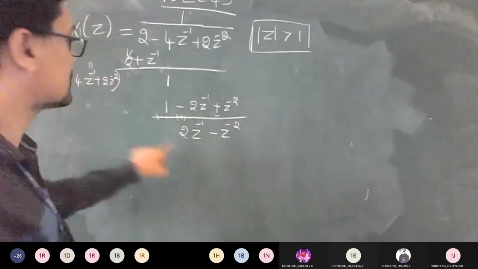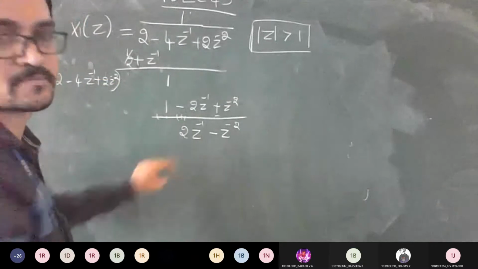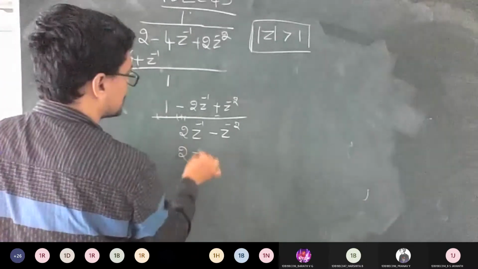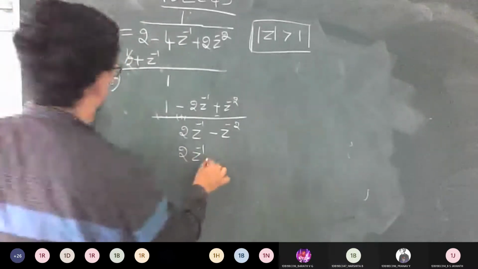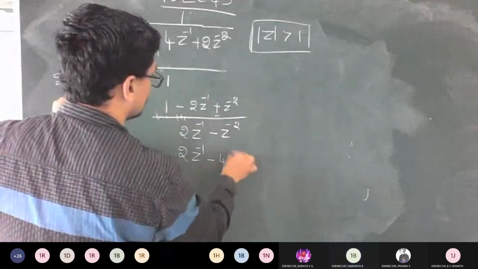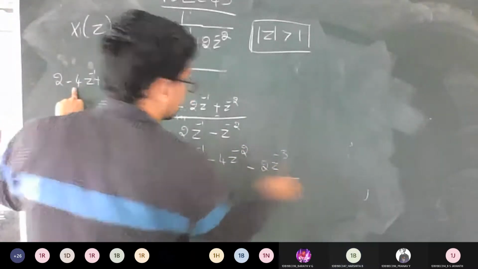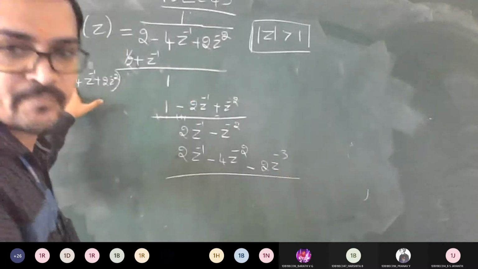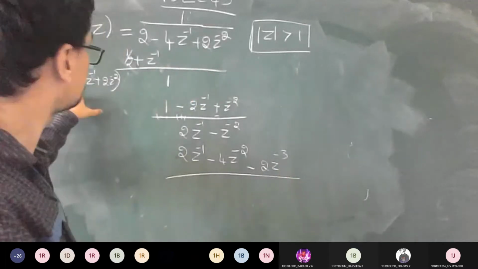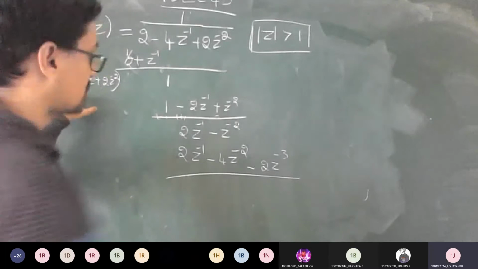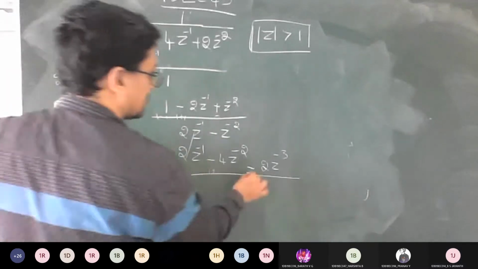Proceed. Multiply this. Tell me the answer. 2 Z raised to minus 1. Again minus 4 minus 2, minus 2 Z raised to minus 3. Is it correct? Again subtract, plus plus.